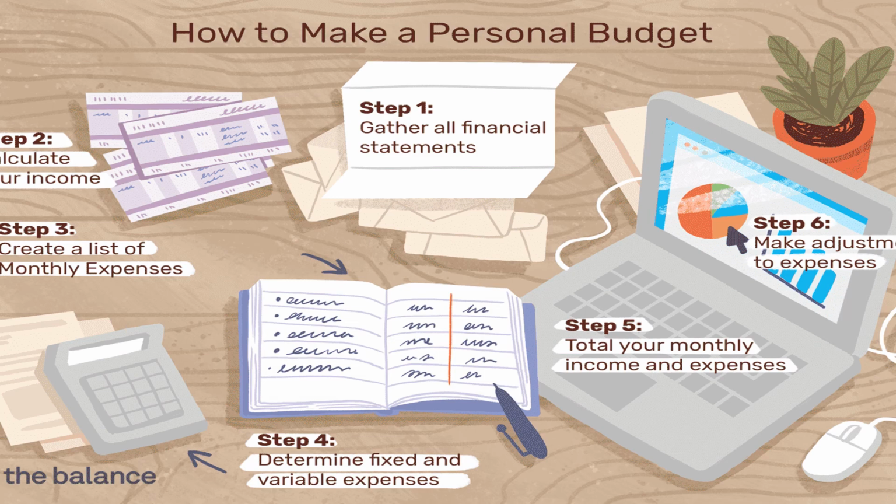How would you spend that 1,000 pesos? What are the things that you think are very important to you? And what are the things that you think you don't need and you don't want to buy? So this is what we call making a personal budget.